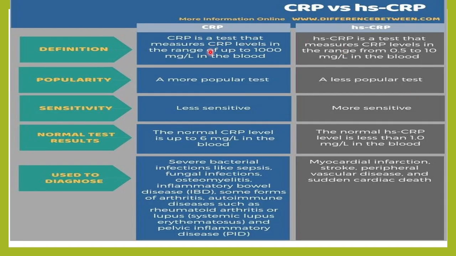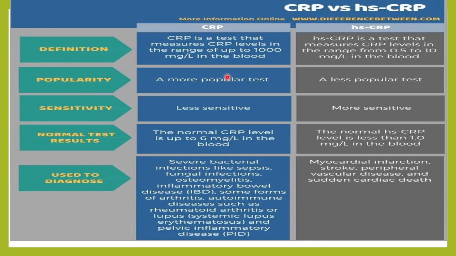Whenever there is an acute infection, whenever the patient is having cough or fever, or an acute exacerbation of autoimmune disease such as SLE, rheumatoid arthritis or inflammatory bowel disease, doctors order CRP. hs-CRP has certain criteria when it is ordered, but most commonly the test we order is CRP.